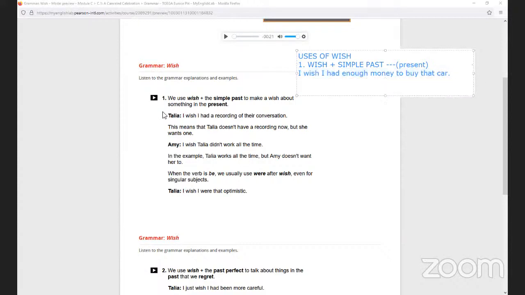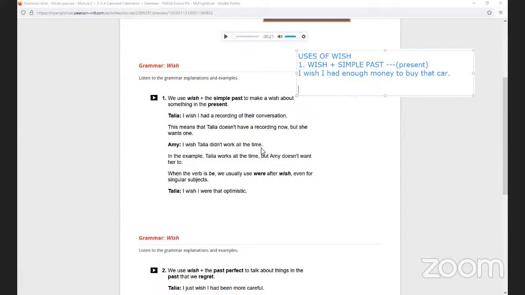For example, here, I wish I had a recording of their conversation. What does it mean? It means that Talia doesn't have a recording now, but she wants one. Amy says, I wish Talia didn't work all the time.